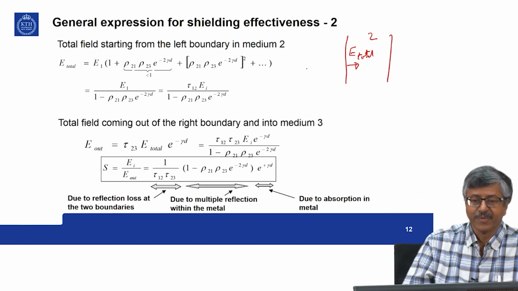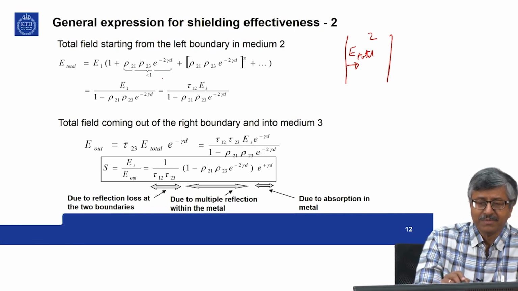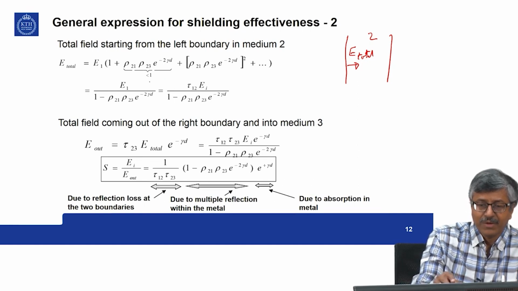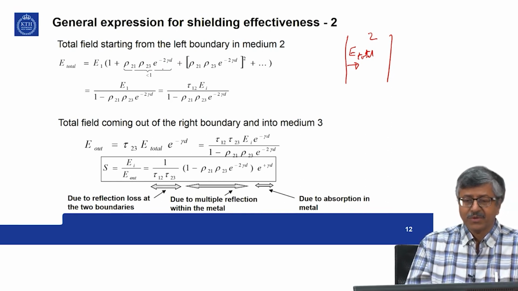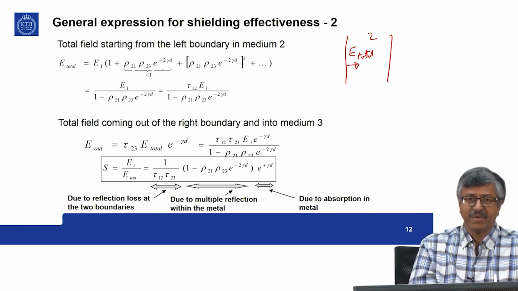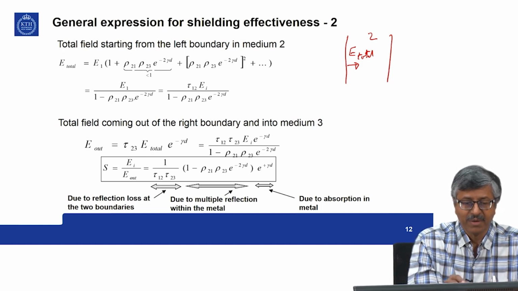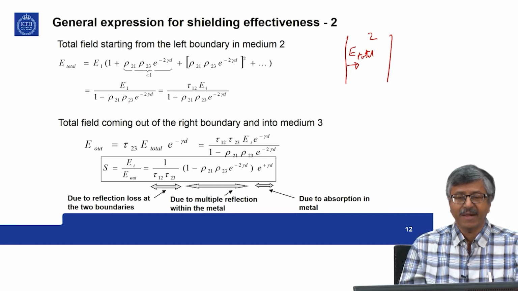Since rho 21 and rho 23 are less than 1, the whole thing is multiplied by e to the power minus 2 gamma d, which is less than 1. So, you have an infinite series like this, and from the tables on series you can simplify it as E1 divided by 1 minus rho 21 rho 23 e to the power minus 2 gamma d. You can write it like that.